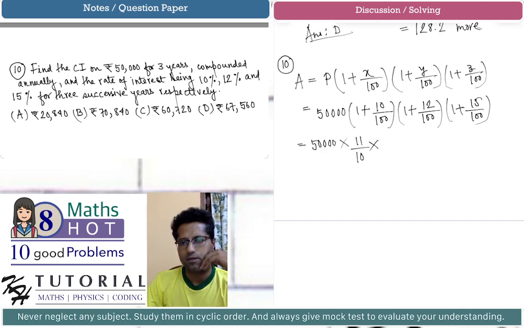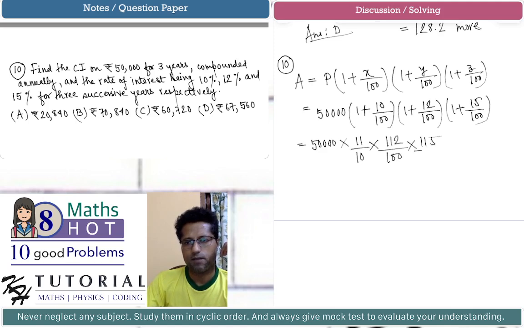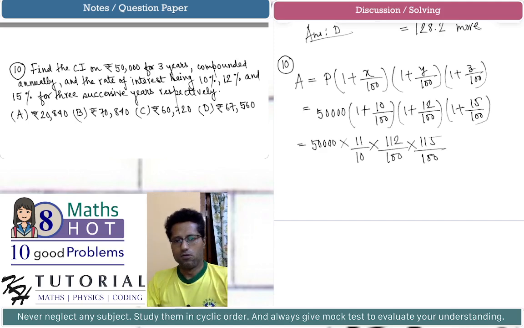Let's keep the denominators of 100. So this will be 112 by 100 multiplied by 115 by 100. So in the denominator we have 10 to the how many zeros? We have 5 zeros.